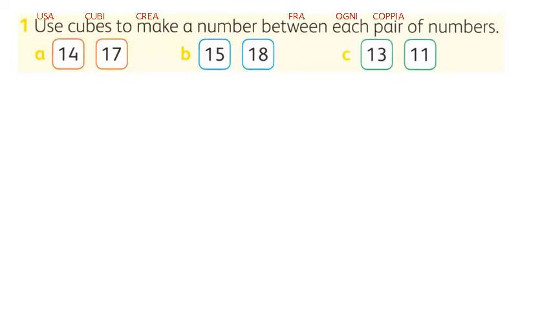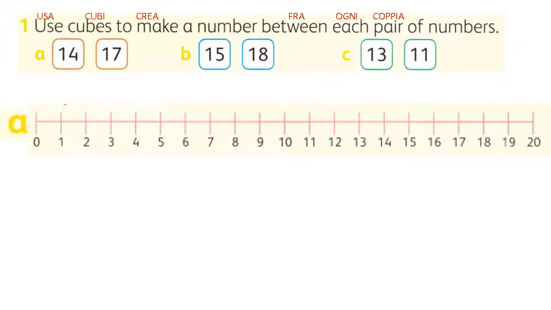Use cubes to make a number between each pair of numbers. A. 14 and 17. On our number line, 14 goes here, 17 goes here.